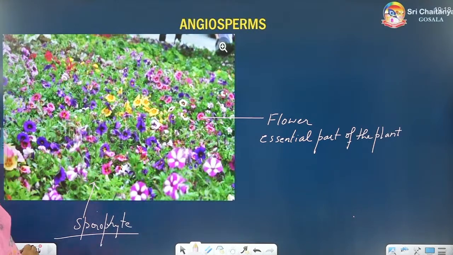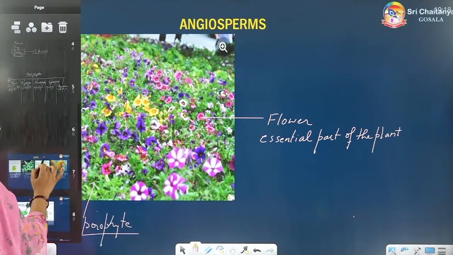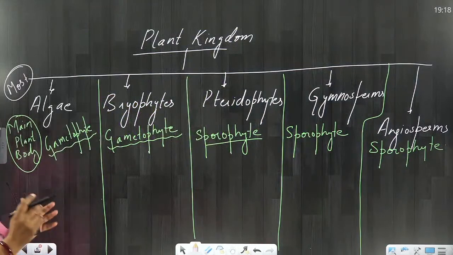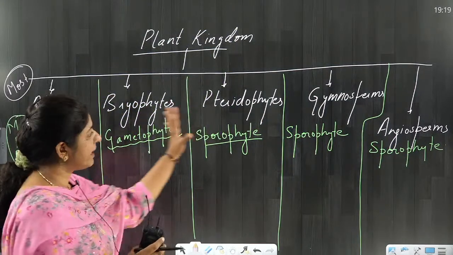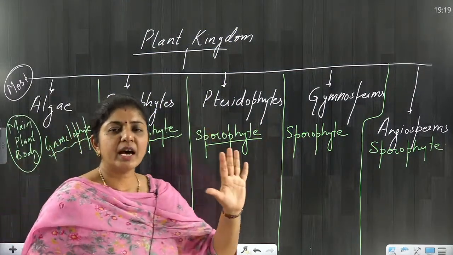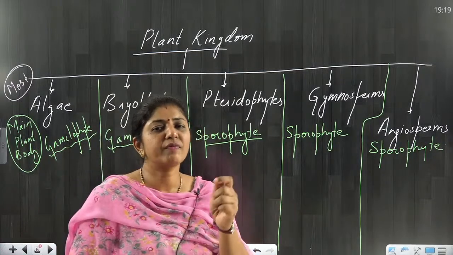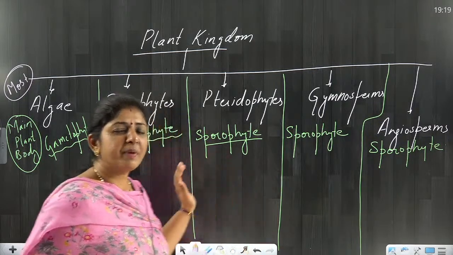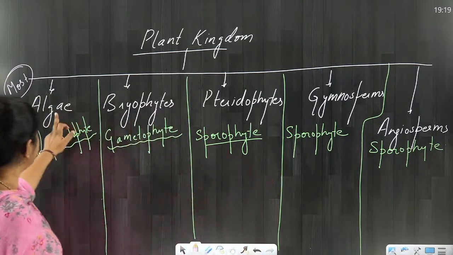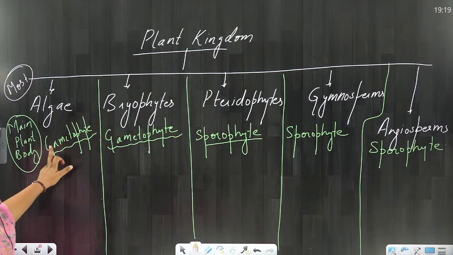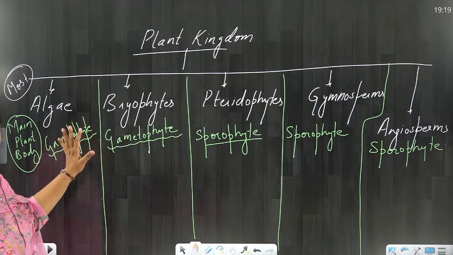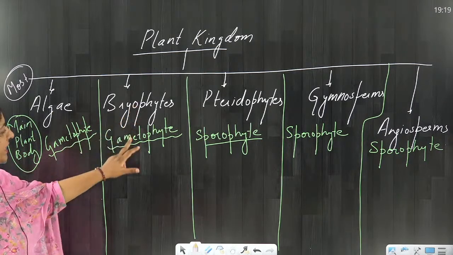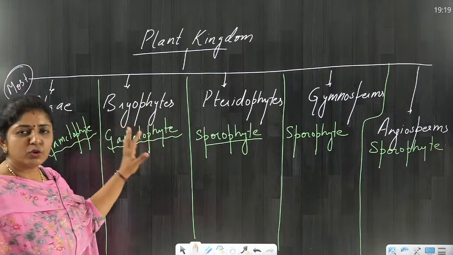Now coming back to our main topic, the life cycles of these five divisions. Whatever plants you find in nature, I just discussed their vegetative structure with respective divisions. In Algae, the main plant body is the gametophyte, independent and photosynthetic.